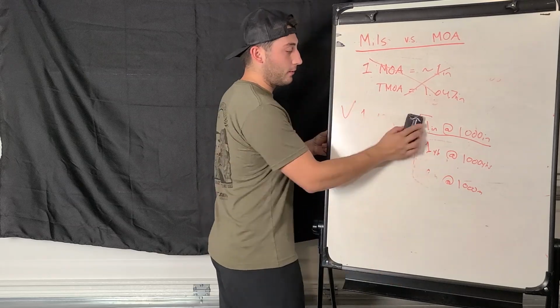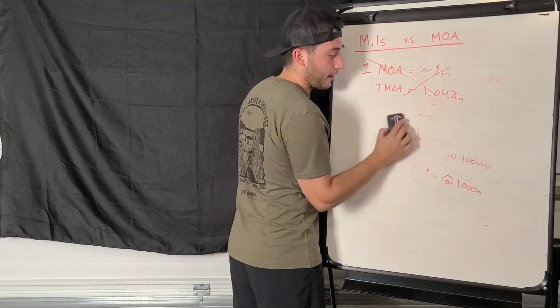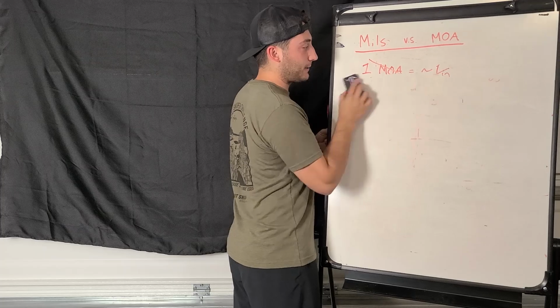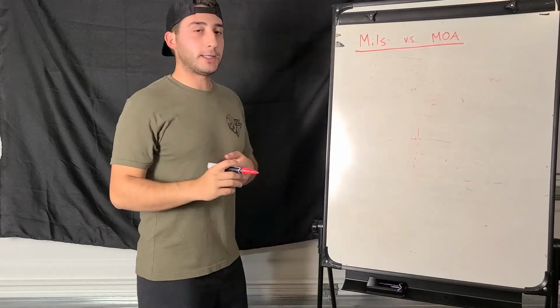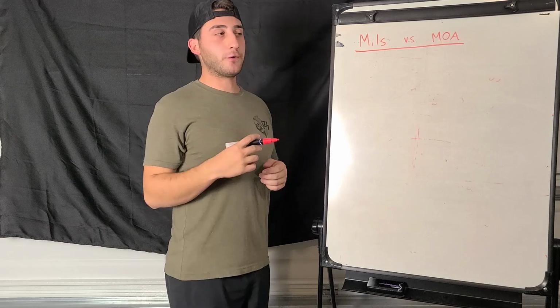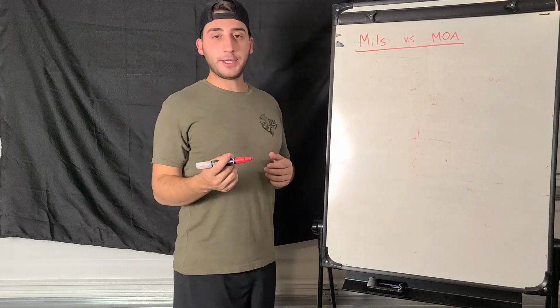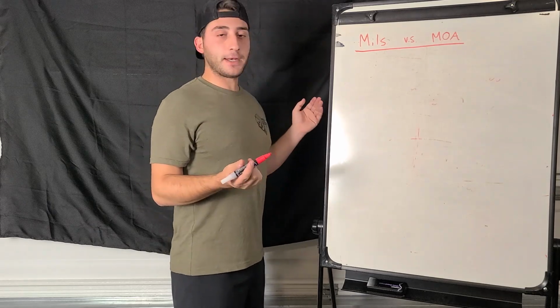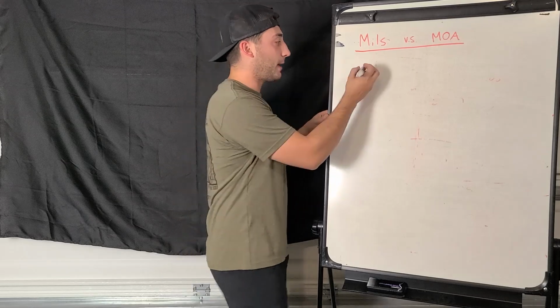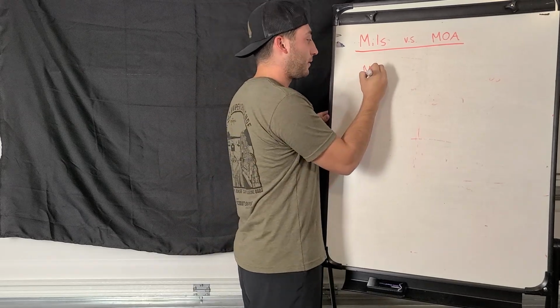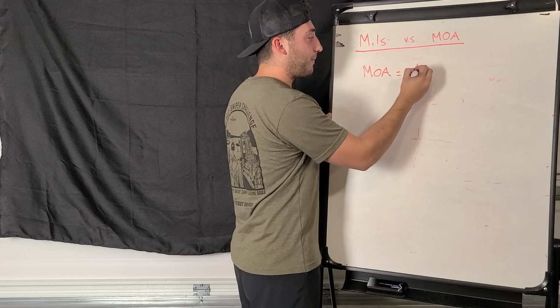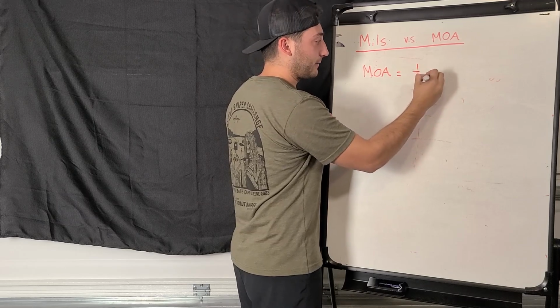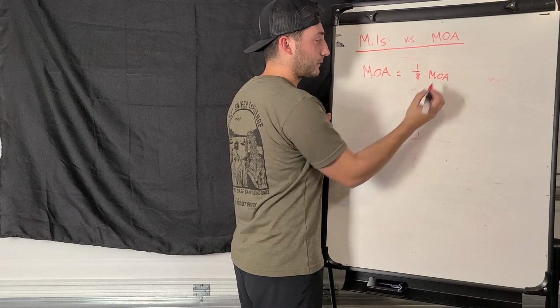So one pro that MOA definitely has on MILs is that MOA is usually broken down into smaller subtensions. If you're shooting extreme long range, it may be better to have an MOA scope, because you can have a scope that's broken down into eighths of an MOA, right?